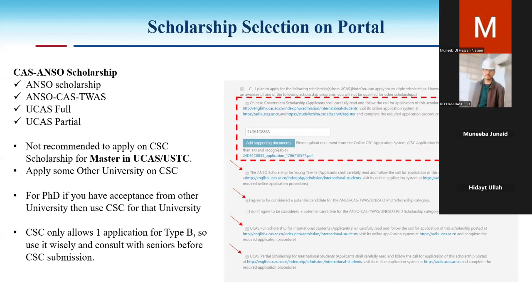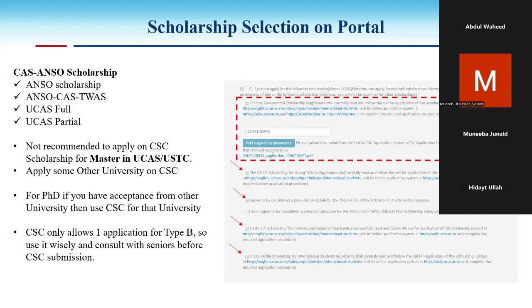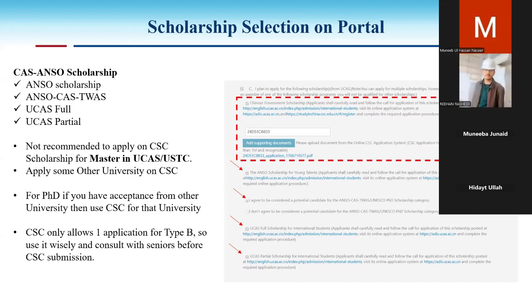The one thing I missed at the top is the Chinese government scholarship. Here you can see "I plan to apply for the following scholarship from UCAS," and the first one is the Chinese government scholarship. For it, you have to submit another application form on their website separately.